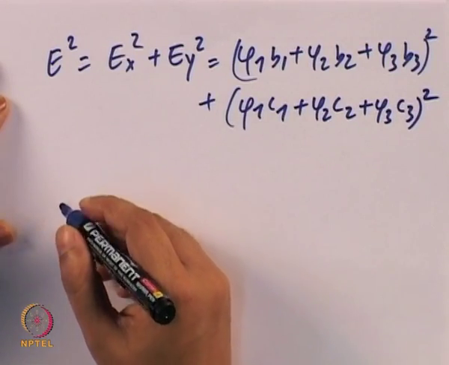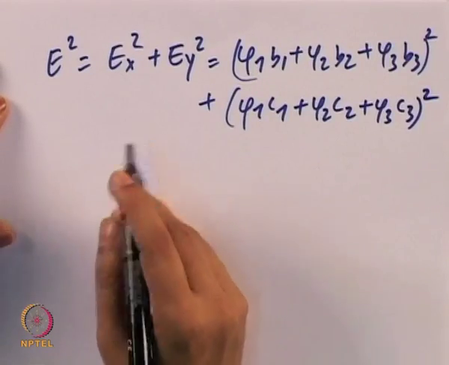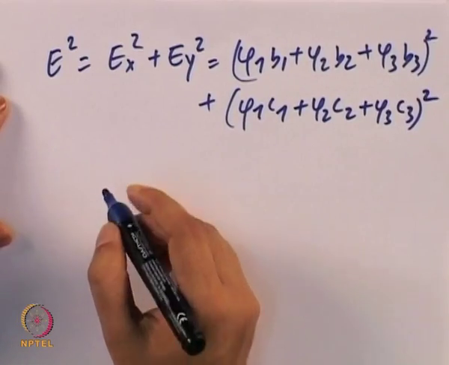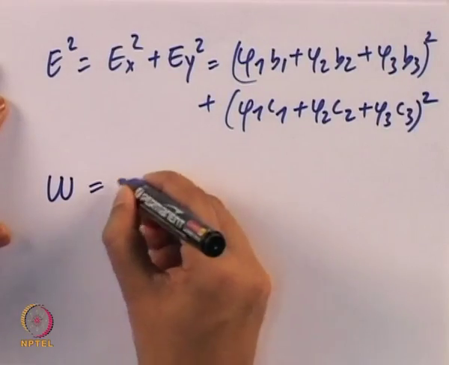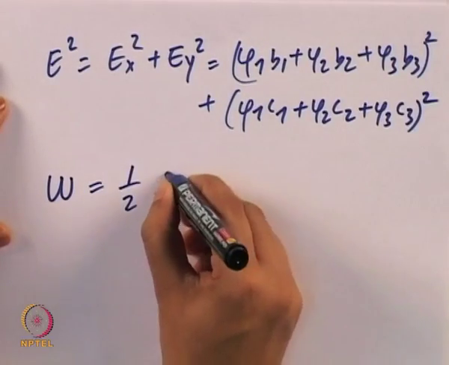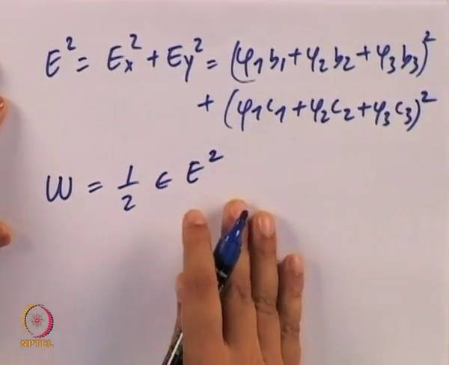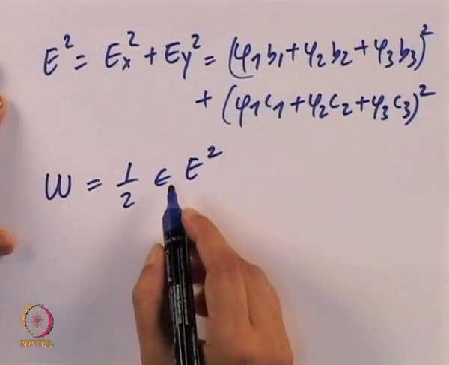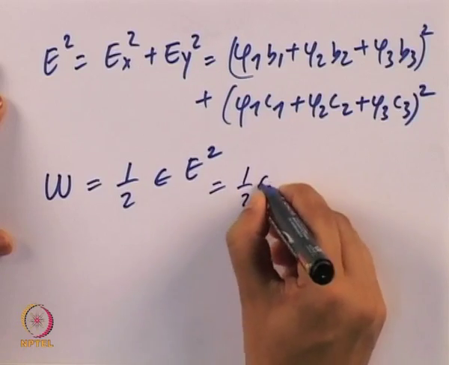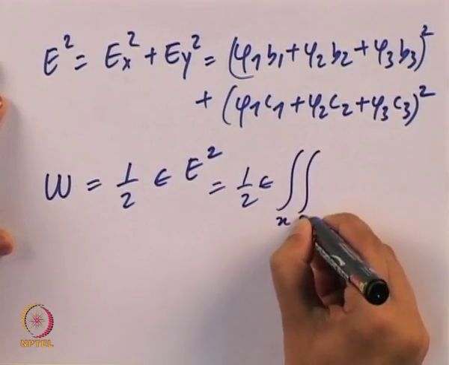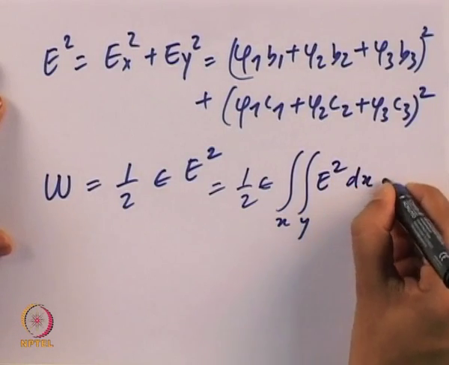Since the energy we are interested in is not a function of x or y, we can directly compute the energy using the formula W equal to 1 by 2 epsilon E square. Remember, we computed this in the previous case; it will be a double integral, equal to 1 by 2 epsilon double integral over x and y of E square dx dy.